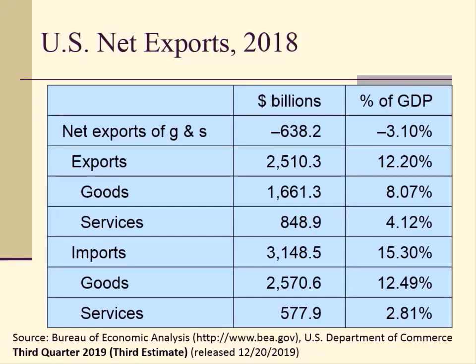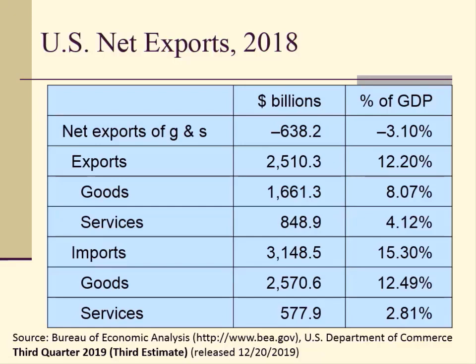If you subtract $2.5706 trillion of goods imports from $1.6613 trillion of goods exports, you have negative $909.3 billion of goods trade balance. That means a $909.3 billion goods trade deficit.